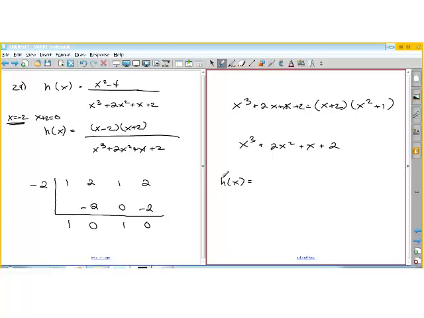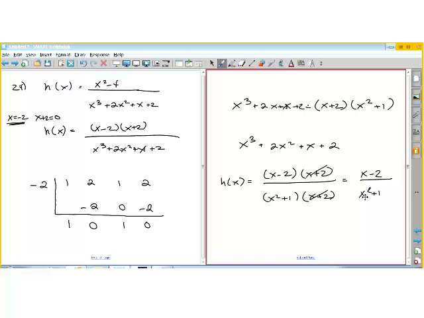So our original expression, h of x, is going to be x minus 2 times x plus 2 in the numerator, and then you're going to have, I'm just switching these two so I can have the common factors below and above each other, so you get that. Now those cancel out and become 1.